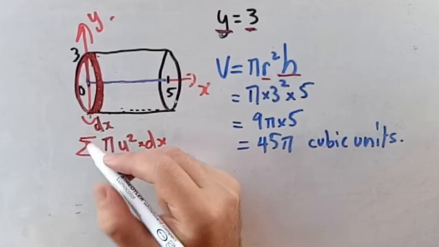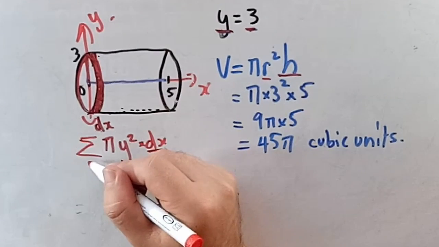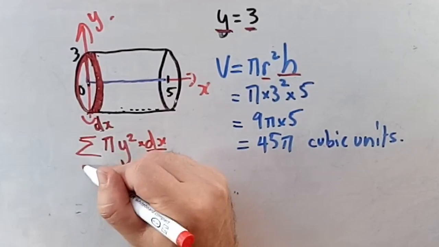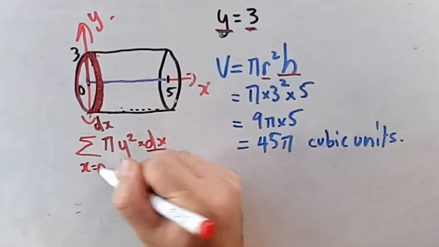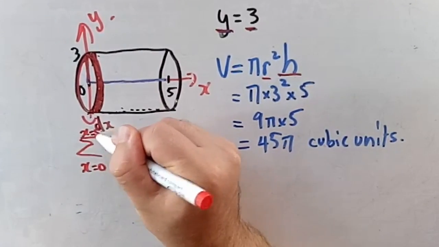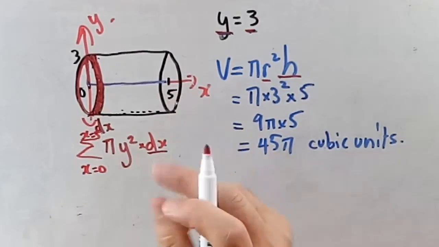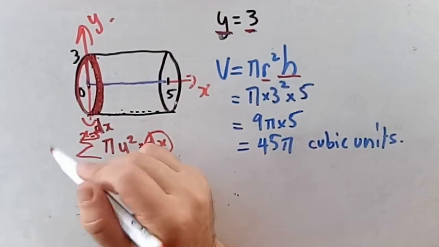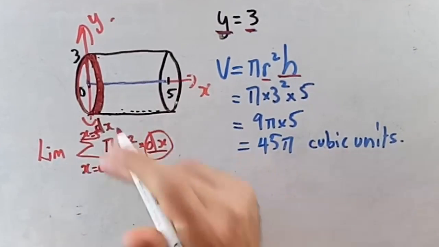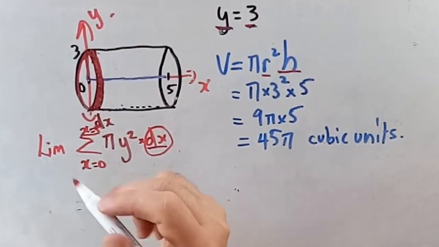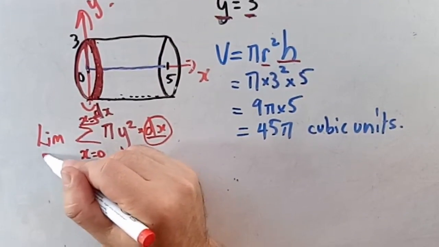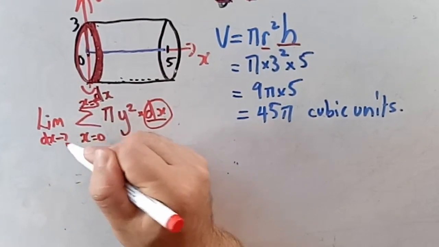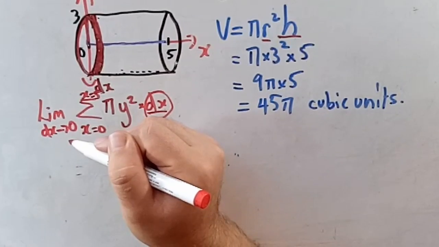from x equals 0 to x equals 5. Okay, but then we're going to make these little cylinders infinitely small. So we want the limit, okay, as this gets smaller and smaller. So limit as dx approaches 0.